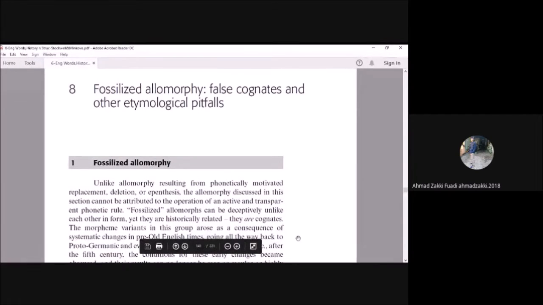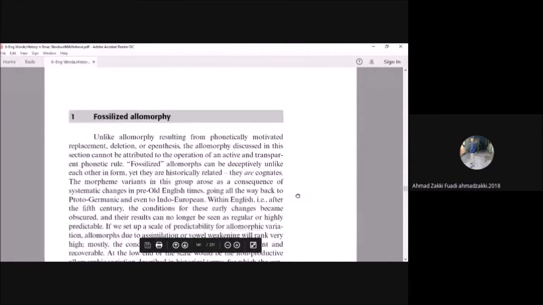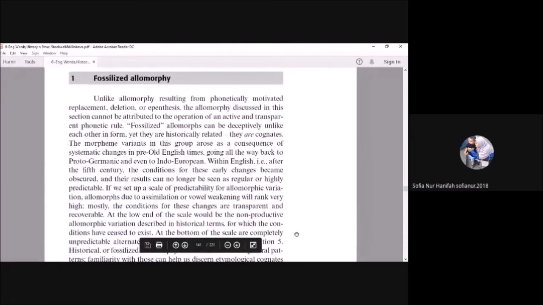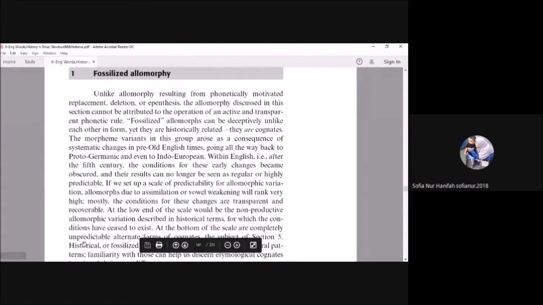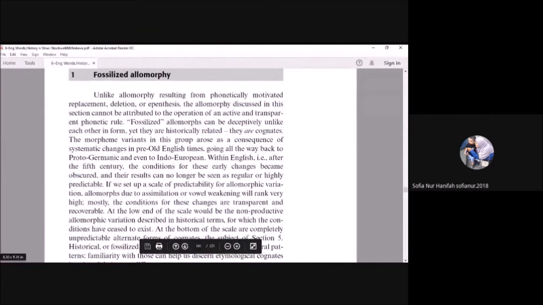Does anyone have an idea about this topic? I think, as I read before, fossilized allomorphy is related to the history of the 5th century in English.